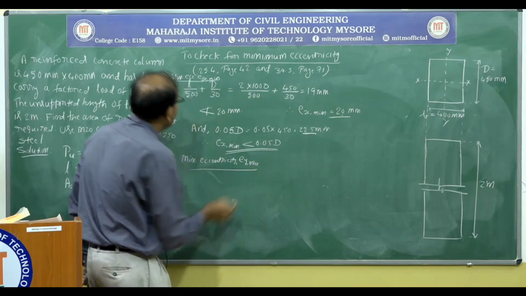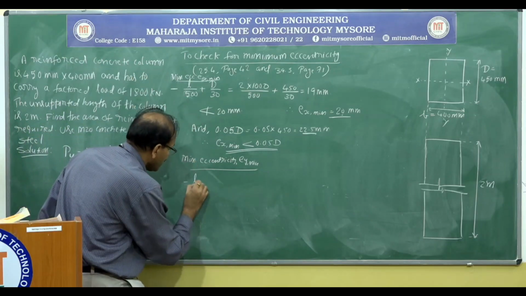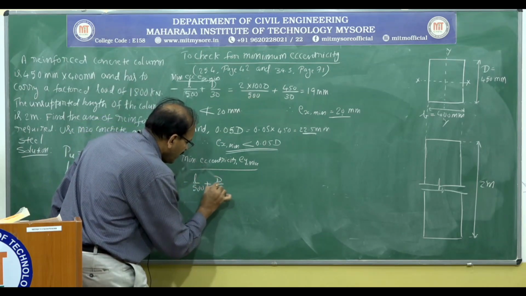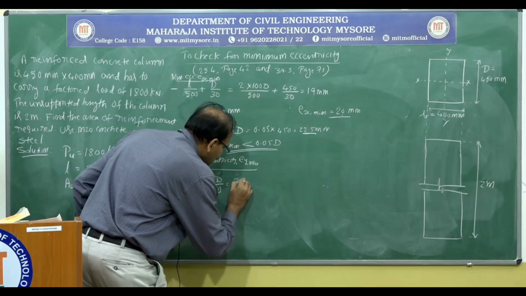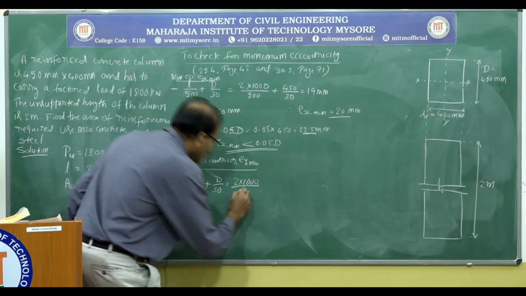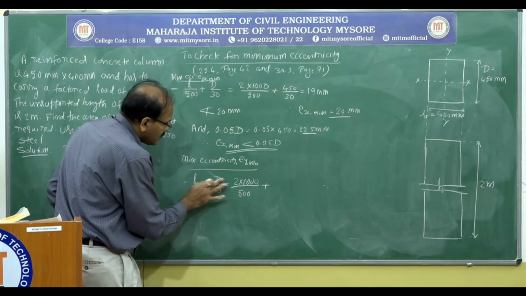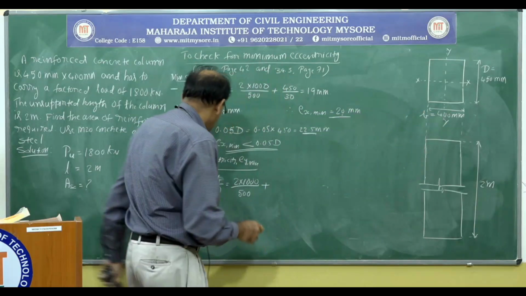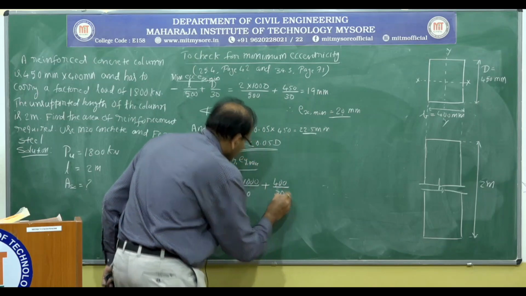Again I am going to make use of this formula, L by 500 plus D by 30, where L is the unsupported length, that is 2 meter multiplied by 1000 millimeter, divided by 500, plus D. Here it is not D, instead it is B, which is 400, divided by 30.